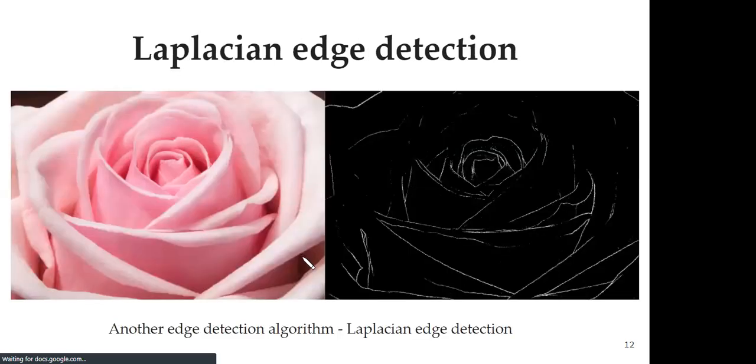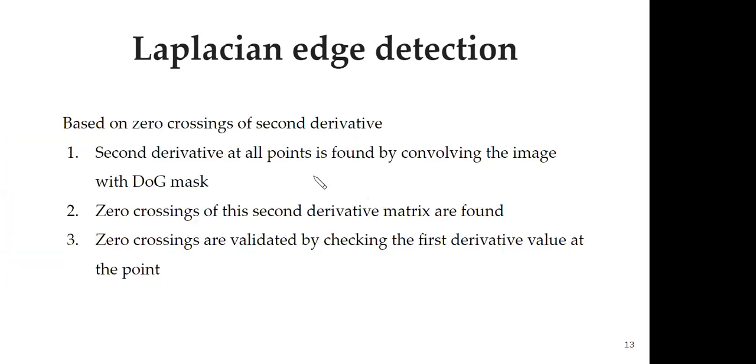Now I have also implemented another edge detection model, which is Laplacian edge detection. This works by using the second derivative, based on zero crossings of the second derivative. The second derivative is calculated at all points in the image by convolving the image with a difference of Gaussian mask.